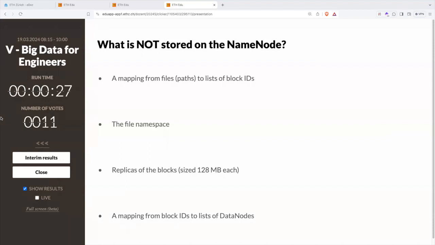Let's see if we get 100% of correct answers on that one. Looks like it's stabilizing.